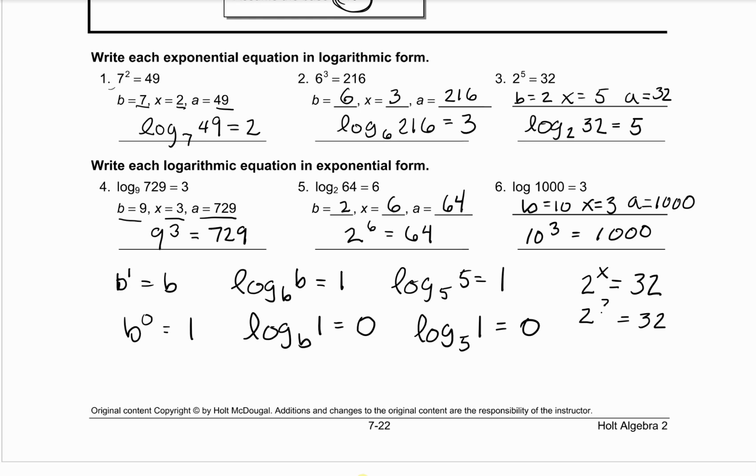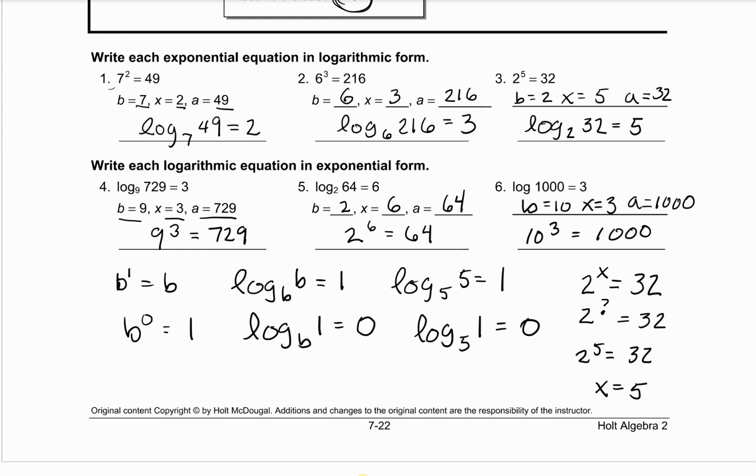Well, like we did up here, realize that 2 to the 5th equals 32, so x has to equal 5. In the homework, when they ask you to do this mental math, it's not going to be all that tough. You're going to have to know your times tables a little bit, but I think you can handle it.